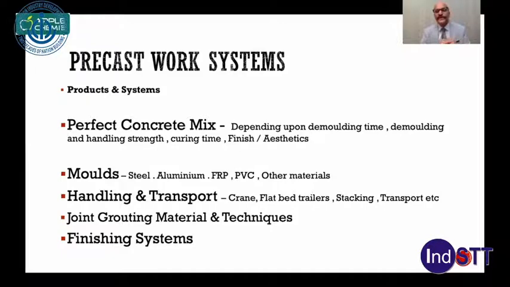So quicker demolding is one parameter, so you need higher early strength. So also you need a lesser curing time, or there are some dry mixes which are used, and then you demold the product and then you put it for curing, whether it is steam curing or water curing or any other form of it.